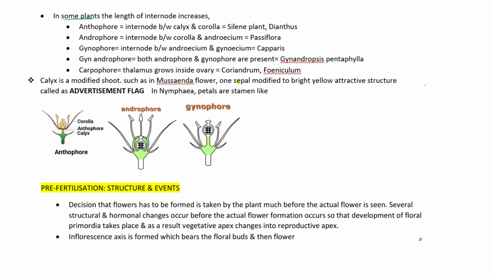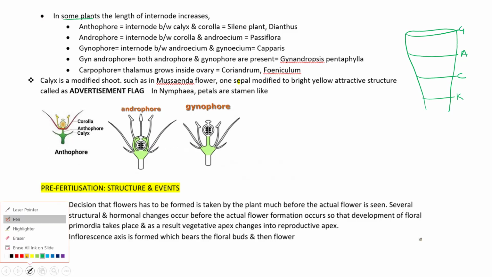Now let me explain by the diagram here. See, this is the thalamus. Let us draw this diagram once again. This is the calyx present here, corolla, androecium, and this is gynoecium. Understood up till here? Now, you will not say stalk of the flower, you will say it is a part of the thalamus. If internode elongation has occurred between calyx and corolla, this is known as anthophore.